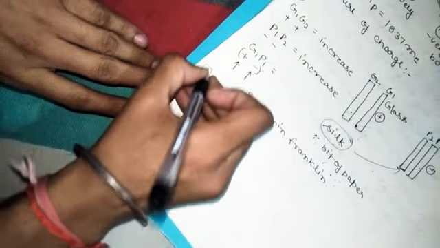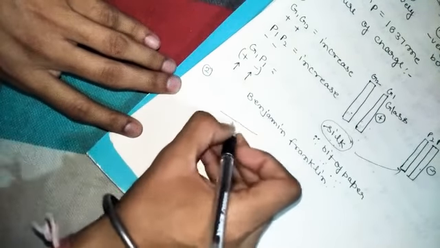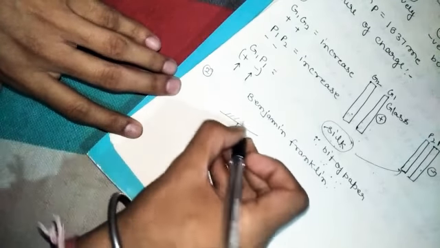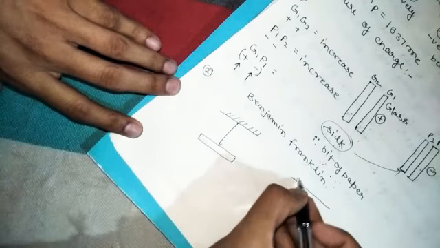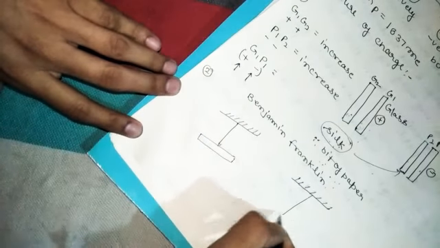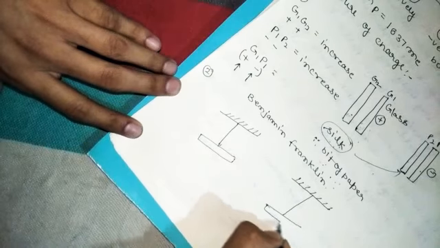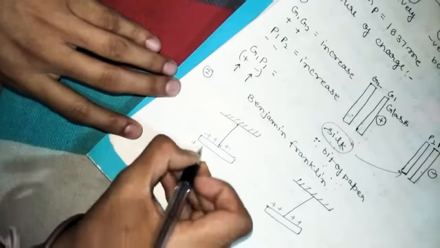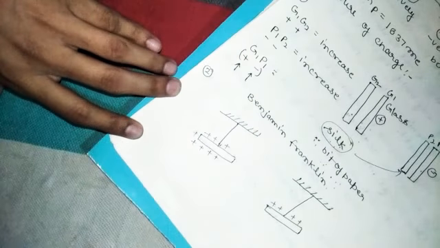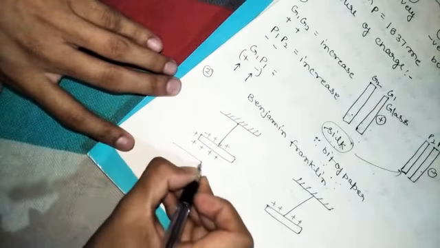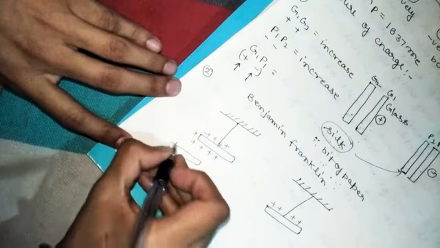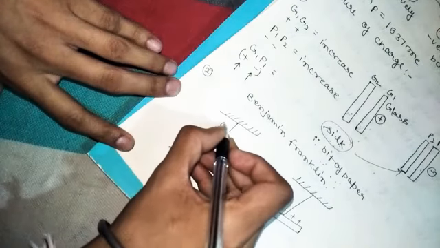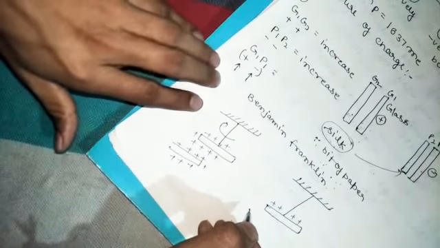Moving to the next observation: if we take a positively charged rod and hang it somewhere, and another rod which is also positively charged, hang it somewhere else. Both rods are positively charged. When a positively charged rod gets closer to the first rod, it is repelled and goes in another direction.